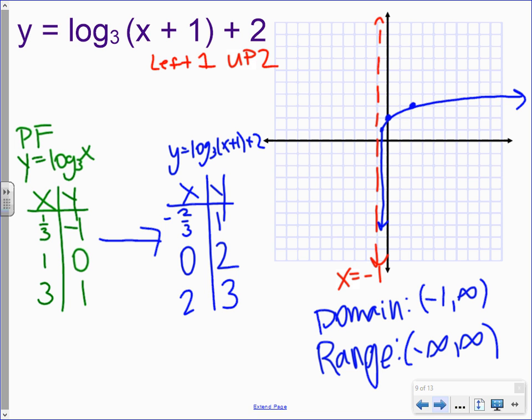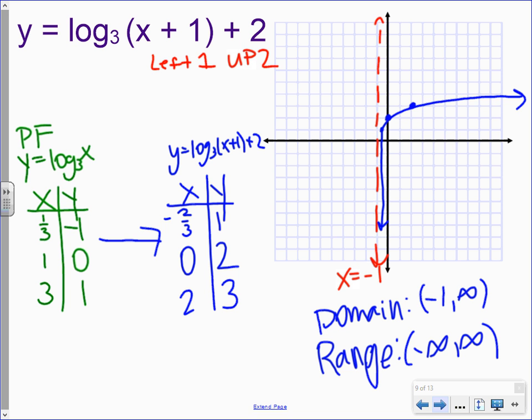Okay? How do we find x-intercepts? Plug in 0 for y. So I can see that we have an x-intercept right there. How are we going to find it? We're going to have to plug 0 in for y.